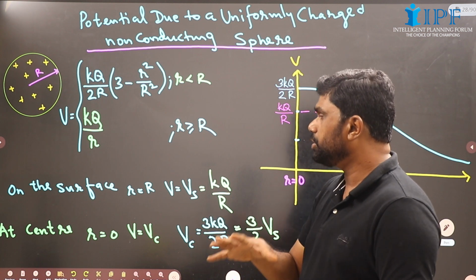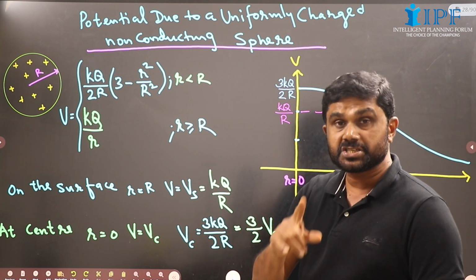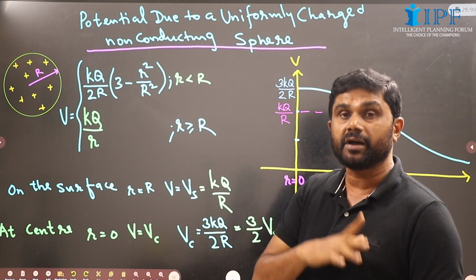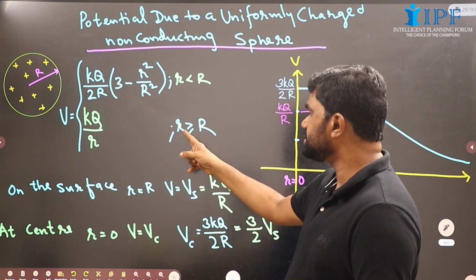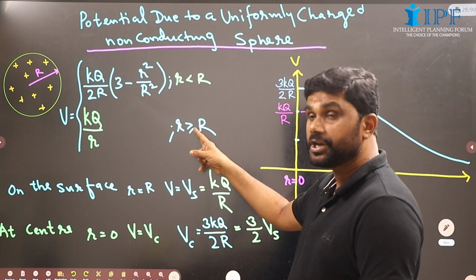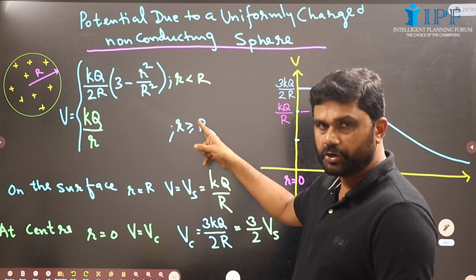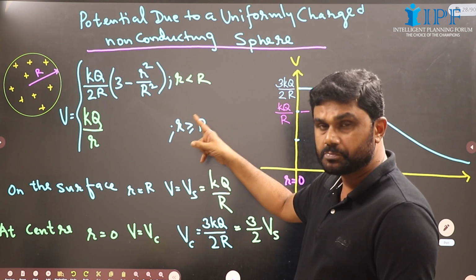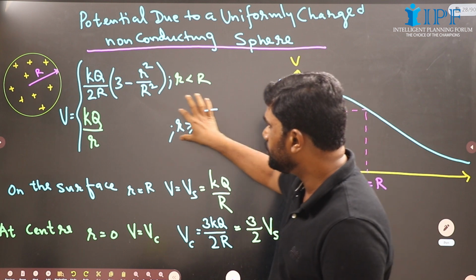Suppose we want to find the electric potential at the surface. Which formula do we have to use? This one is valid when small r is greater than or equal to capital R. So to find the potential at the surface, where small r equals capital R, we have to use this formula.